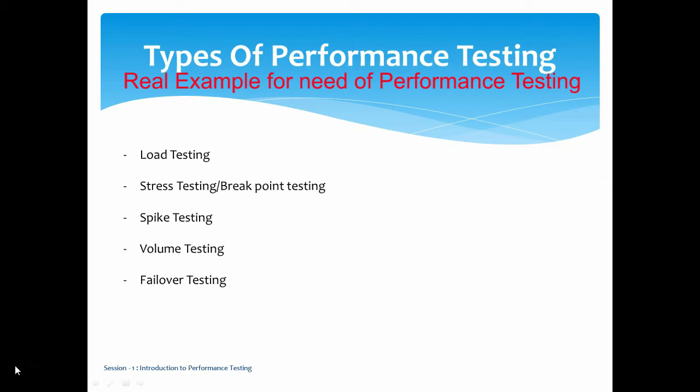Okay, so now let's look at spike testing. Let's again correlate how it will be used in real-time business. Let's say we have become pretty famous, and there is an event where we want to put on a special sale day. Let's say January 1st or December 31st is a special sale day for us.